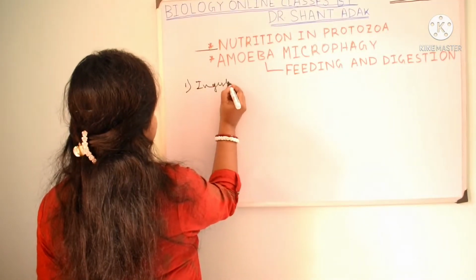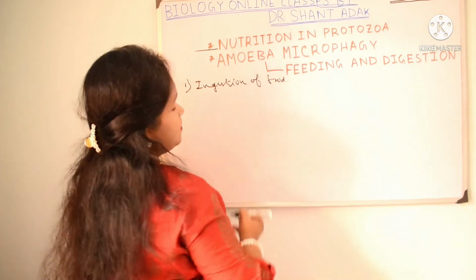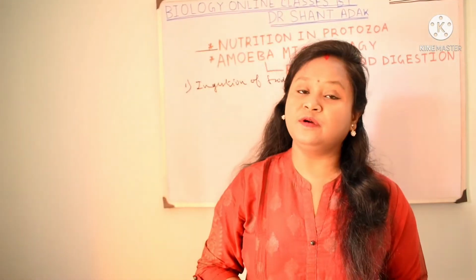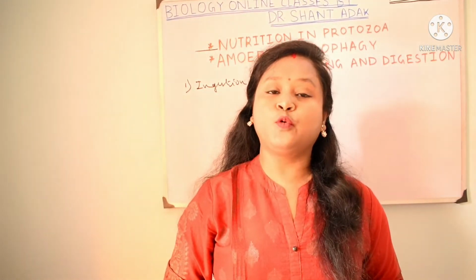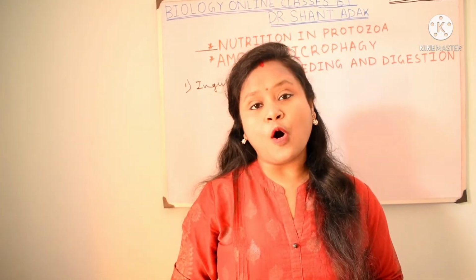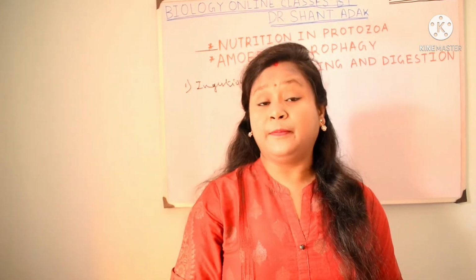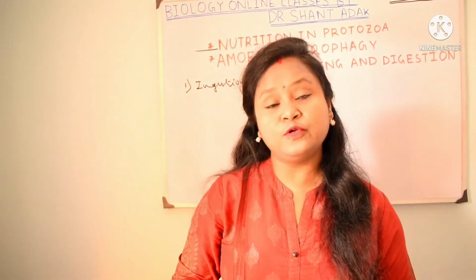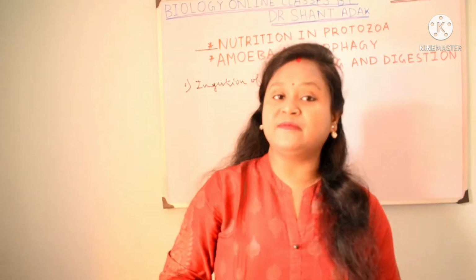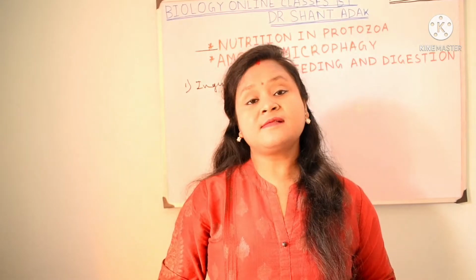First point is ingestion of food. Amoeba ingests food by means of its pseudopodia and forms a food cup. This is very important: food cup formation in amoeba is the first step of ingestion.